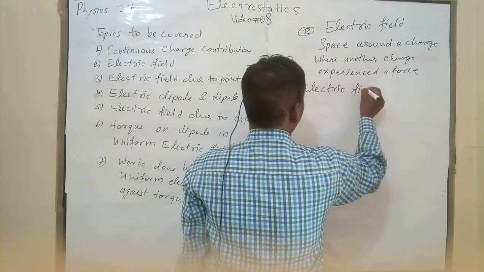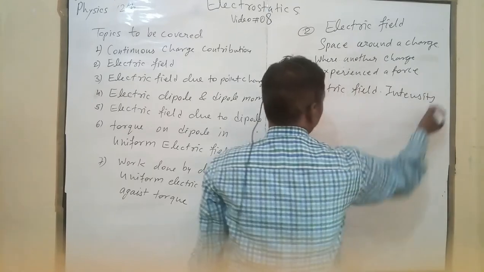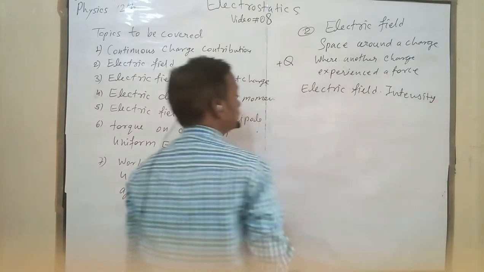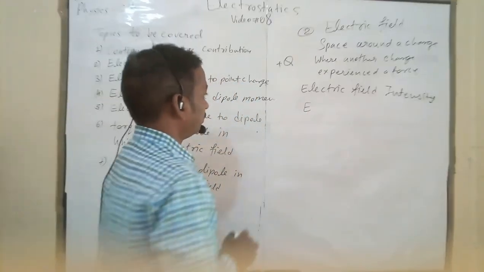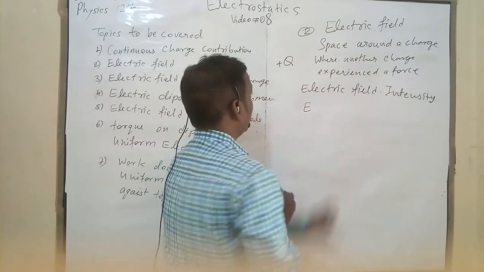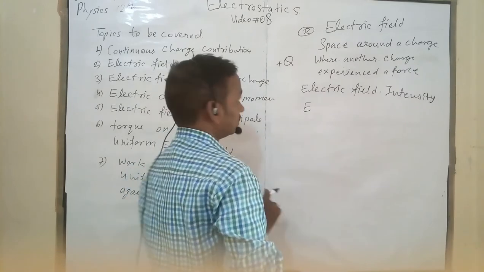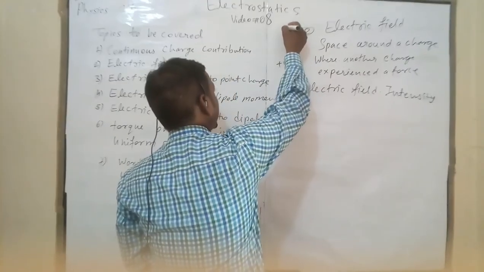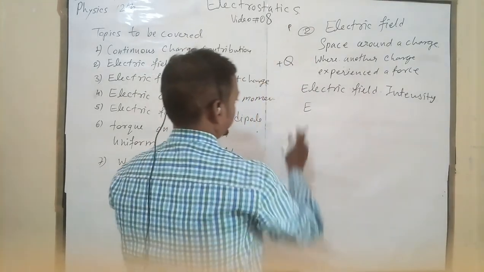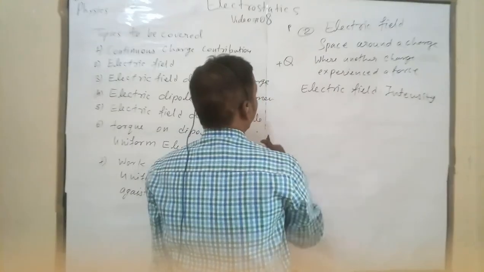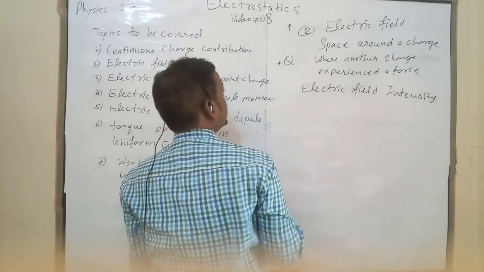Electric field intensity is represented by E. So in electric field, let's take a point P. At P, another charge experiences a force.